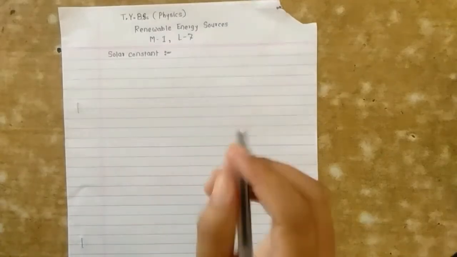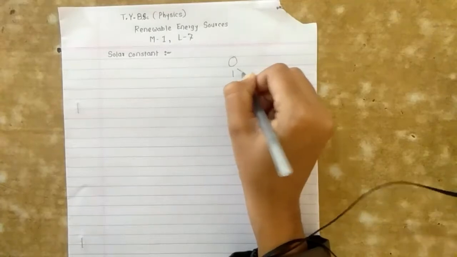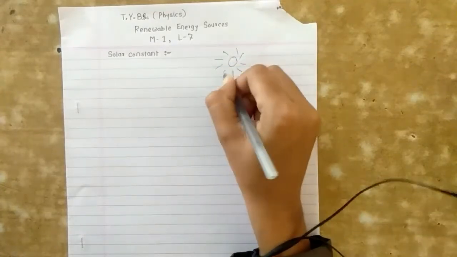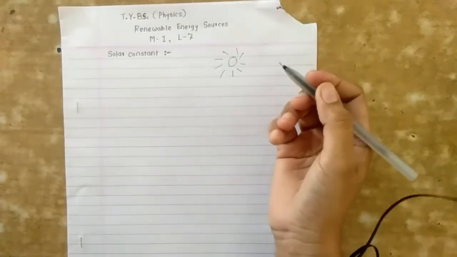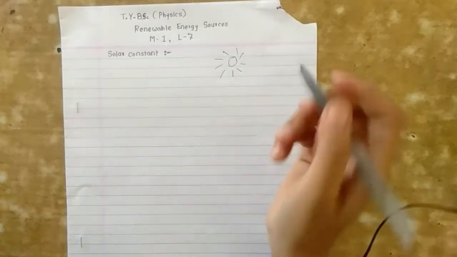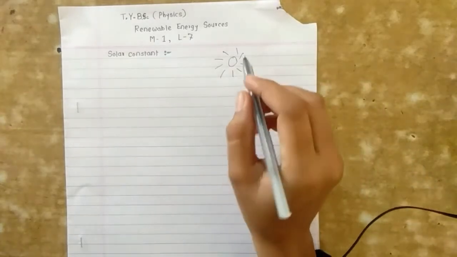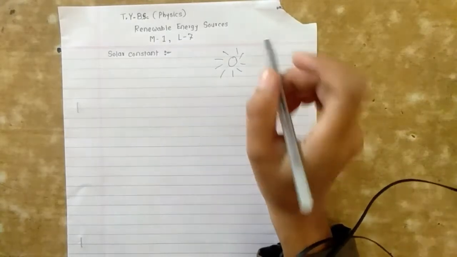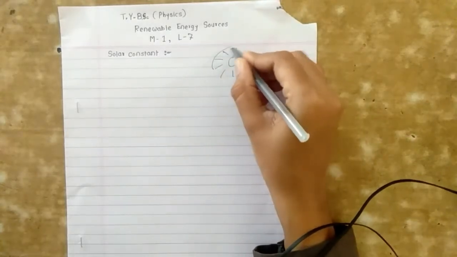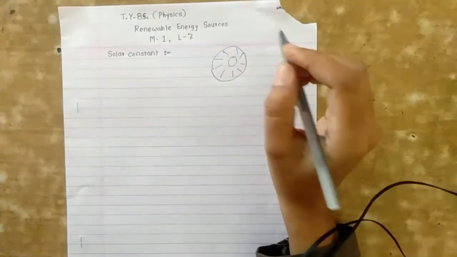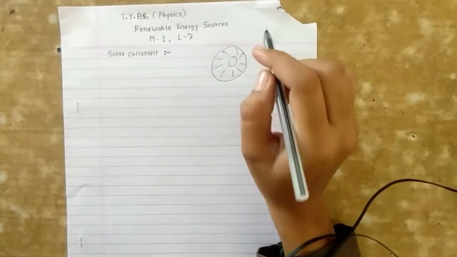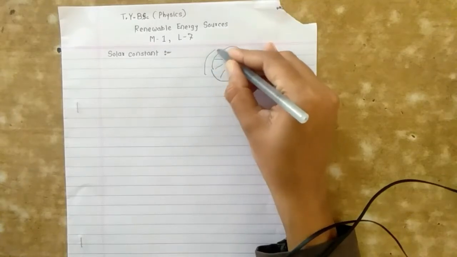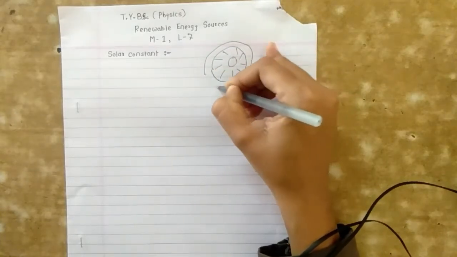Now we know that the sun is a black body, that means it emits radiation in all directions. The sun is a spherical body, and the area through which the radiation is emitted is an increasing spherical area, that is, the area of that spherical region increases as we go away from the center of the sun.